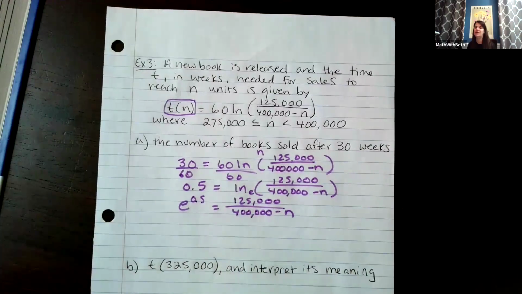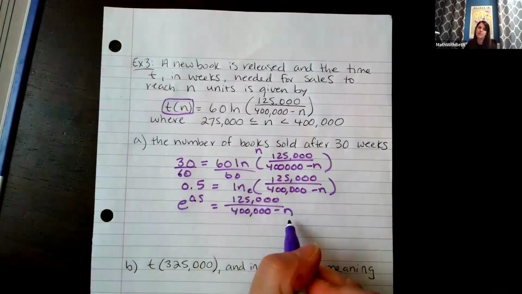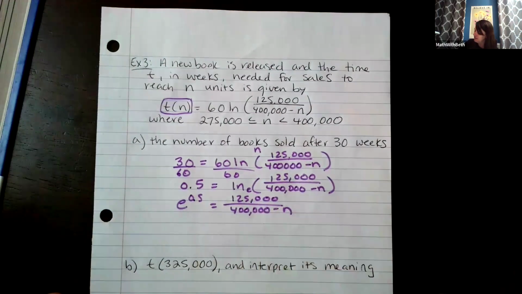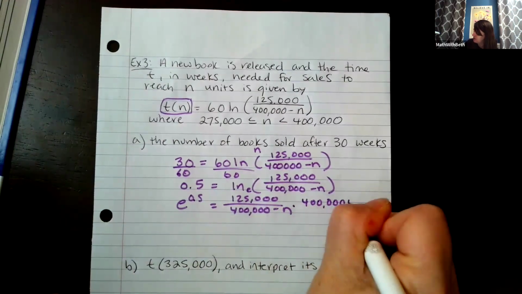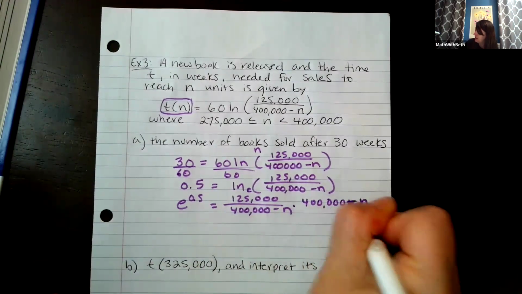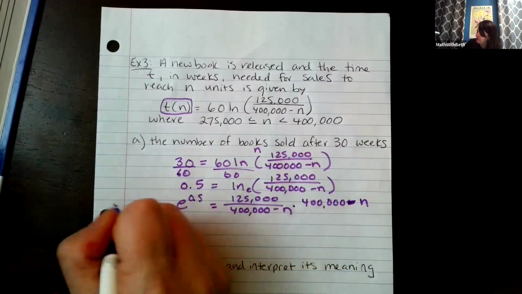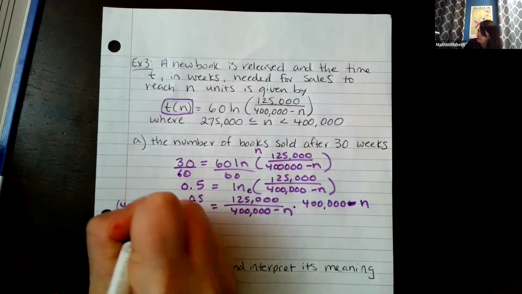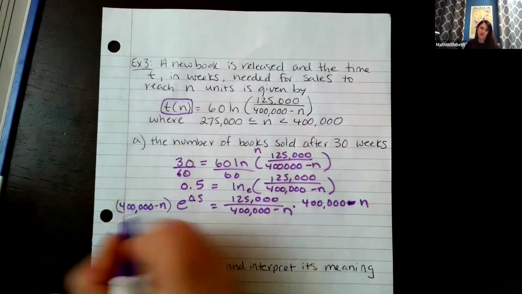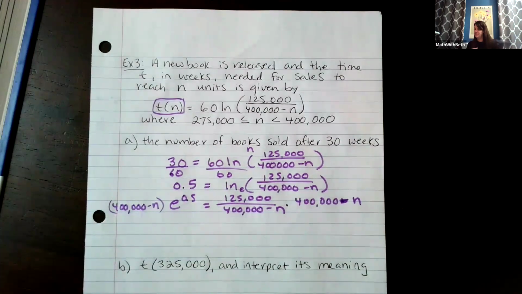Now we have to think, how would we do the algebra when the n is in the bottom of a fraction? So I'm definitely going to move the n first by multiplying both sides by the denominator there. So 400,000 times e to the 0.5.